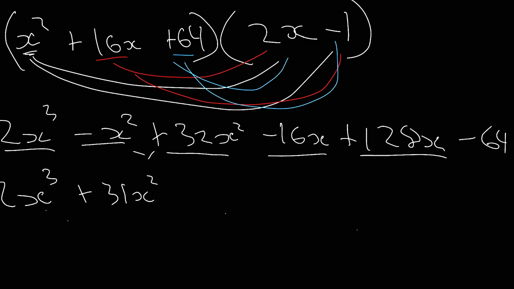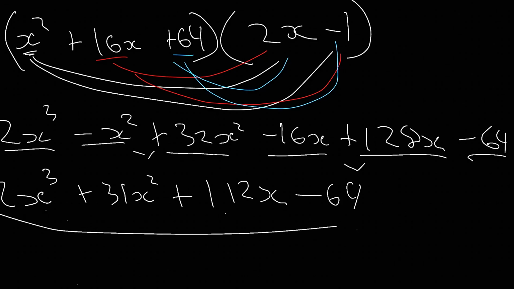Minus 16x and plus 128x are like terms, so I have minus 16x plus 128x, which gives me, I think, 112x, I think, yeah. And then this minus 64, we just chuck it down as it doesn't have any like terms. And that is my final answer.